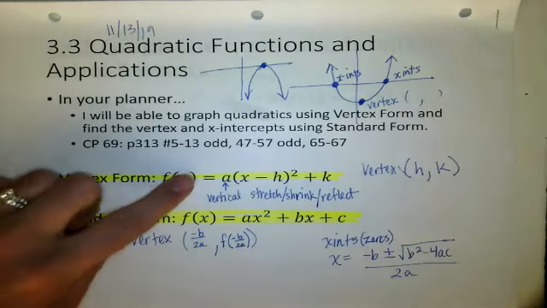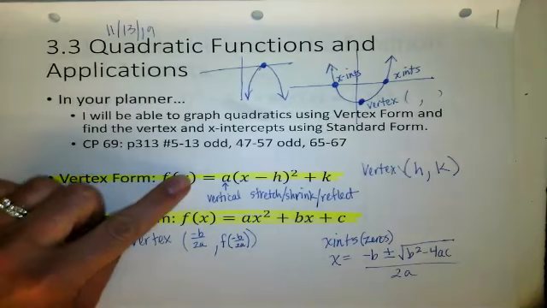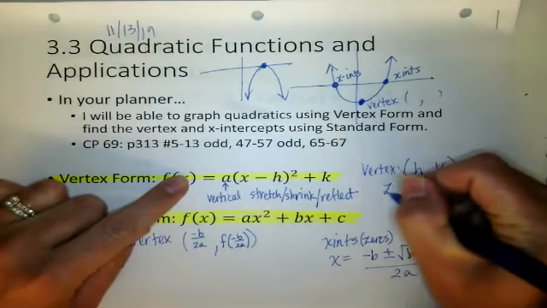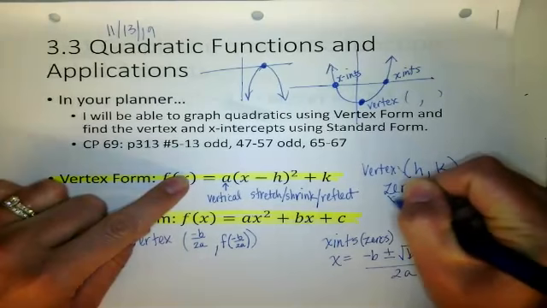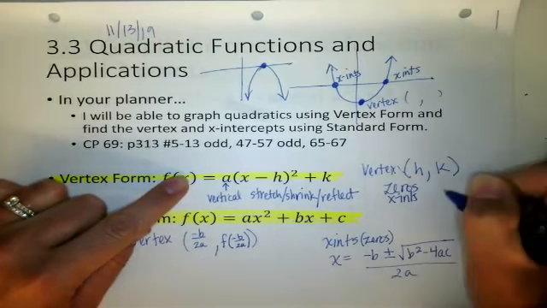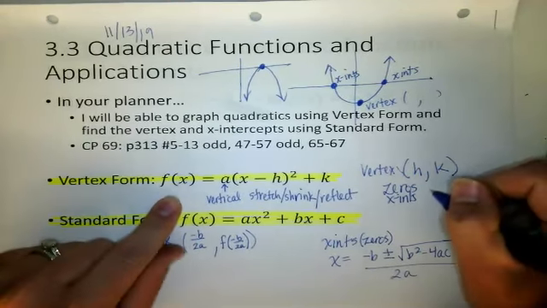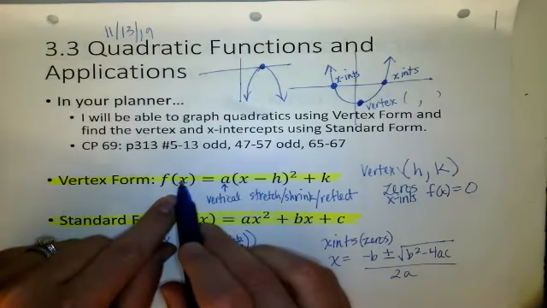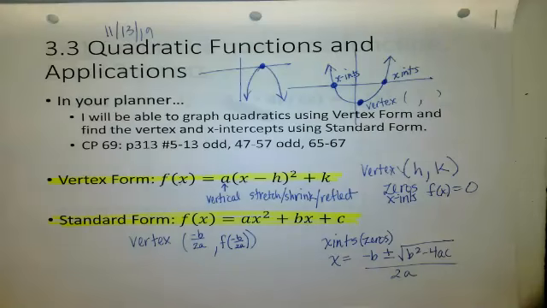This form, I think, is the most useful form. We can graph really easily in this form. We can find the zeros or the x-intercepts really easily just by setting f of x equal to 0, then you can move the k, divide by the a, and take a square root.